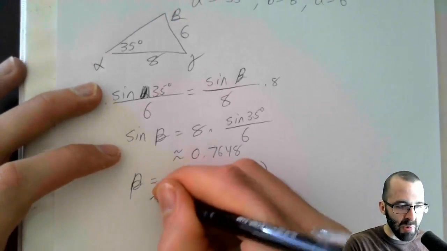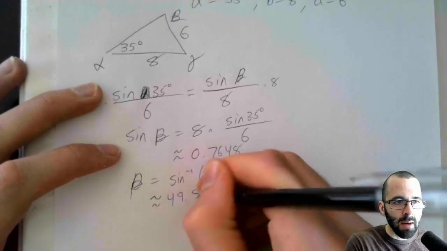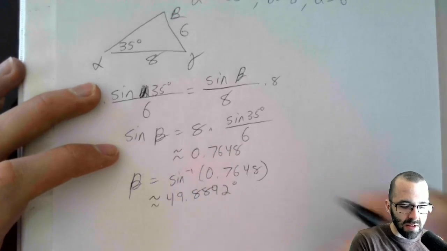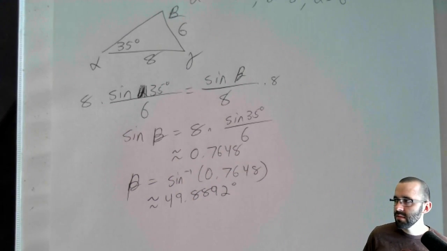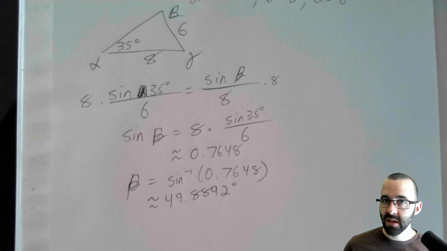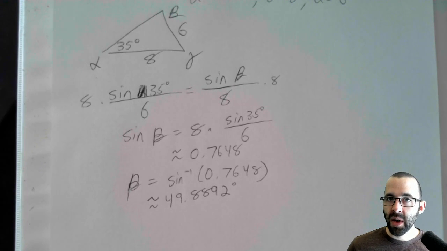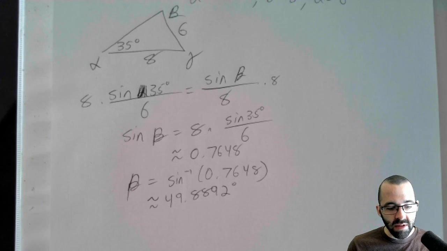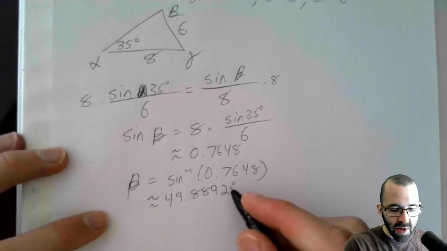And you're going to get that beta is approximately 49.8892 degrees. And that's one possible answer to this trigonometric equation. But just like 9.5, remember there's infinitely many.